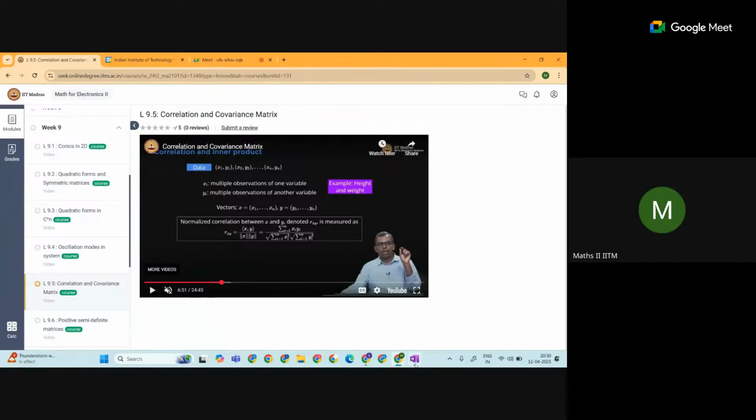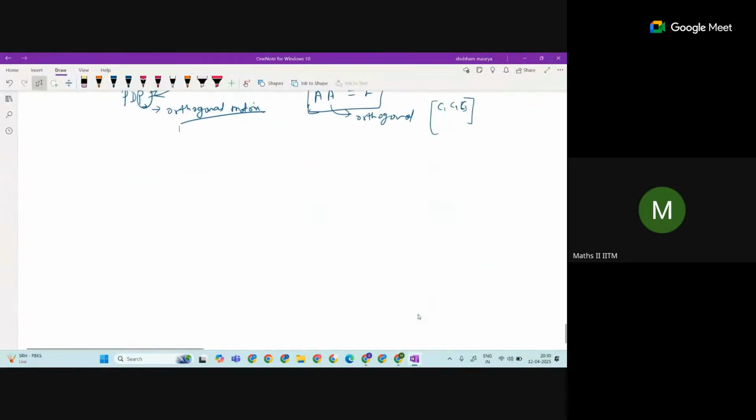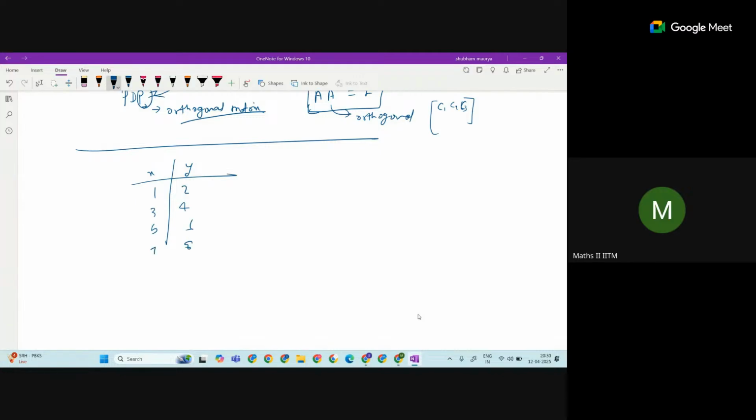Maybe if a data is given like this: x and y, 1 2 3 4 5 6 7 8. The task is to find the correlation between them. How will you find it?